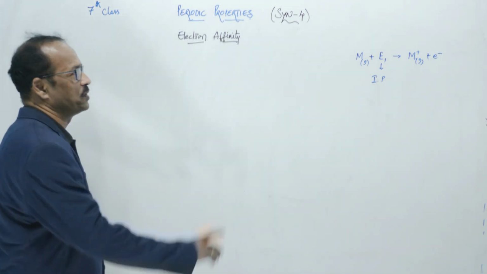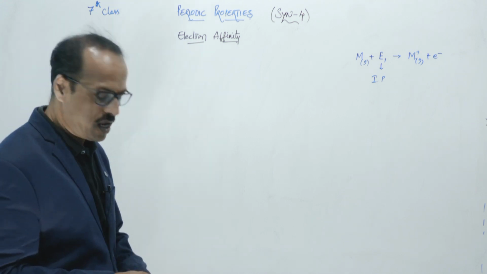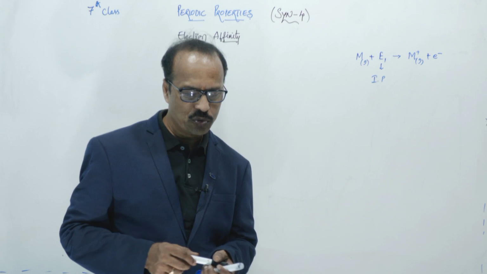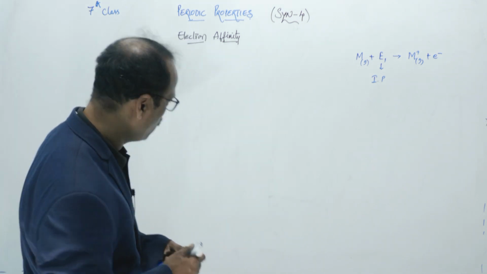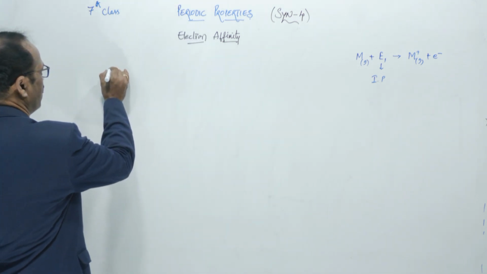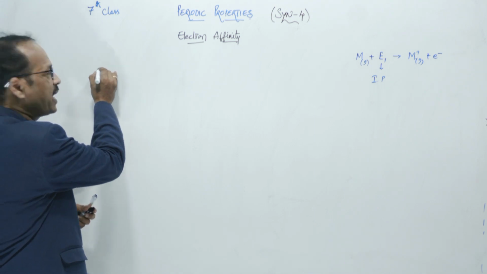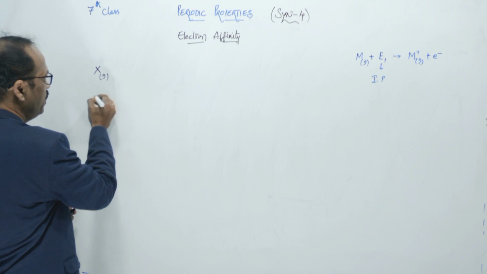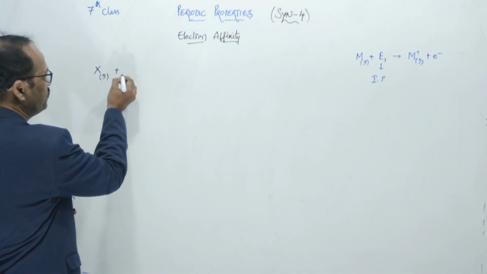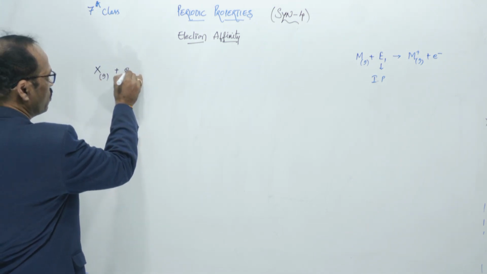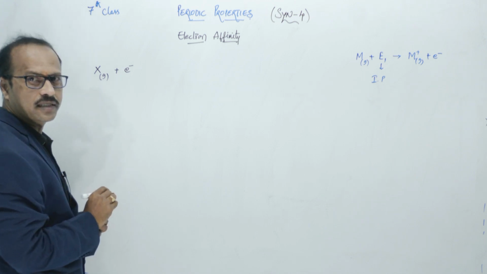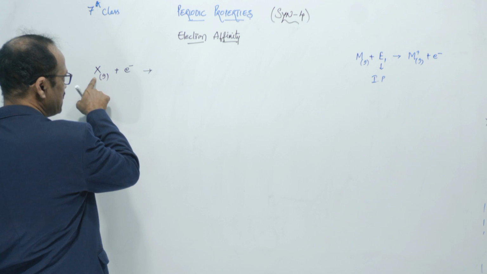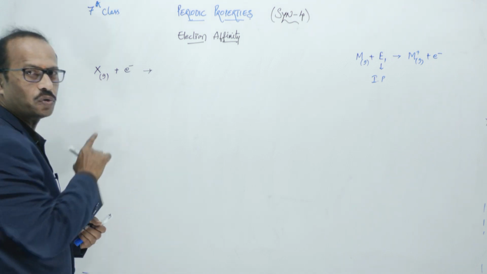So today's topic is exactly opposite to this one. Take one element called X. To this X we are providing one electron. X is neutral, meaning the number of protons is equal to the number of electrons.